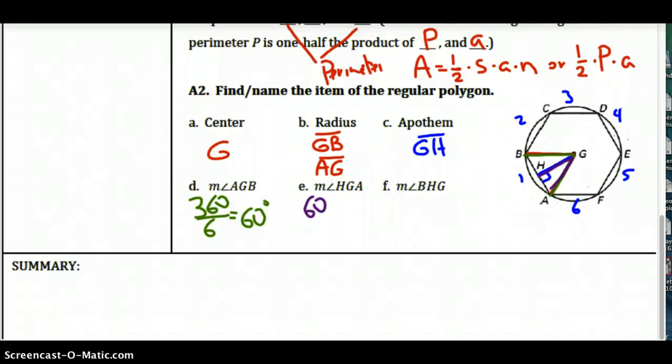So I take 60 divided by 2, and I get 30 degrees. And then finally, we're asked about angle BHG, and that is where the apothem meets the side, so that's going to be 90 degrees. These angles are going to be important as we continue to find the areas of these triangles and then multiply by the number of sides.